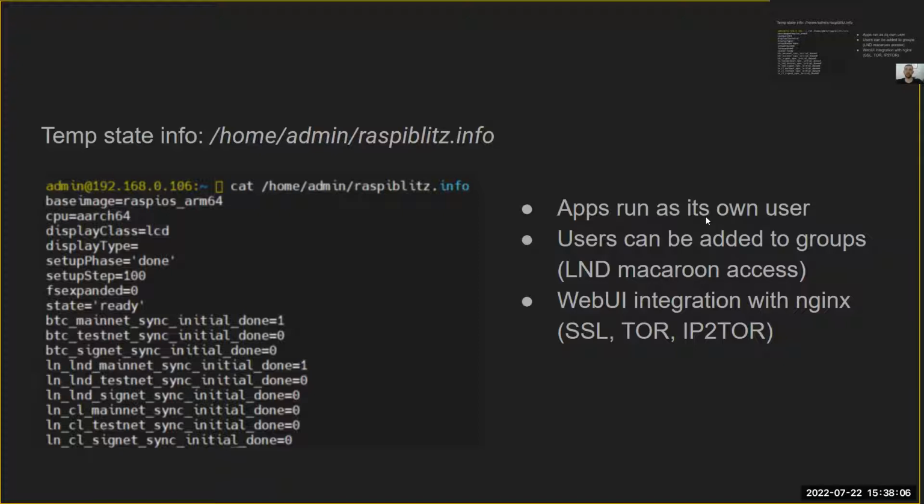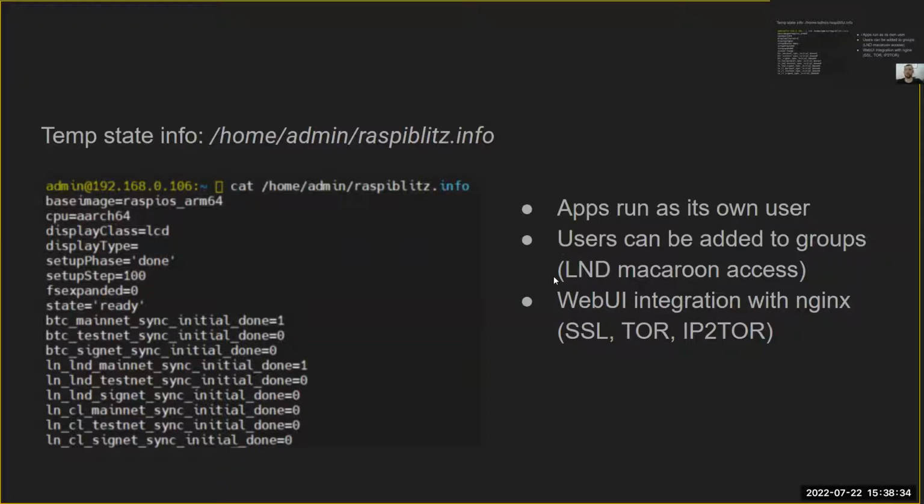We had this Bitcoin user, for example, that was running Bitcoin and LND. Admin is the one that has all these configs on top of it, and every app has its own user because it's easier to manage later with this kind of architecture.